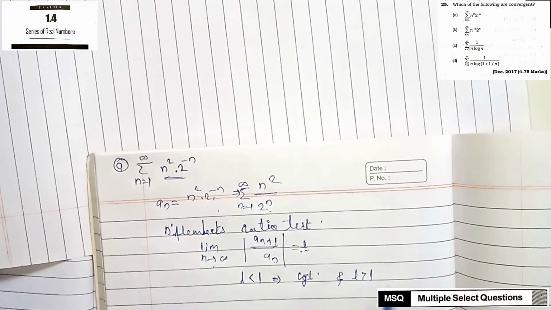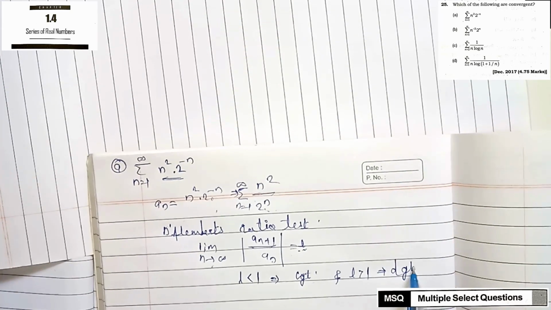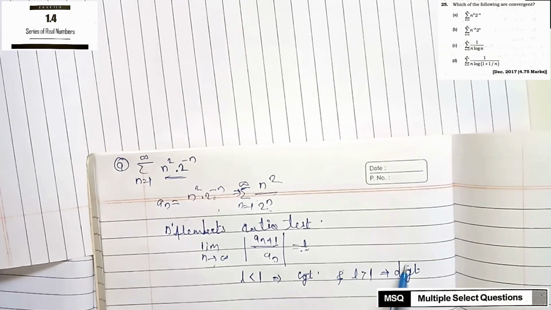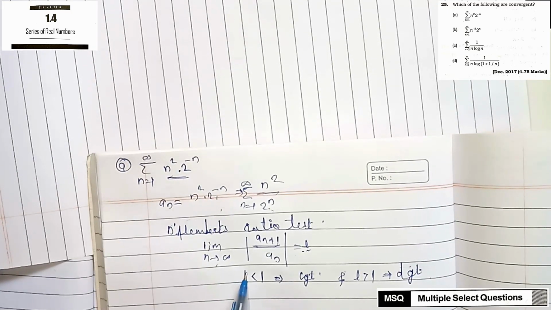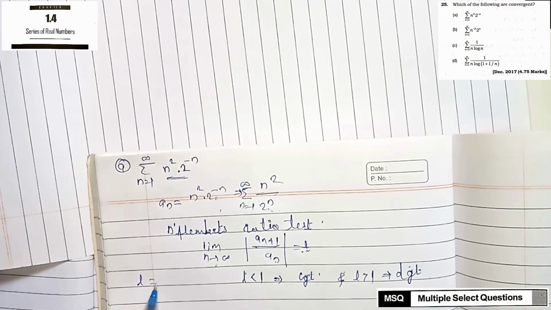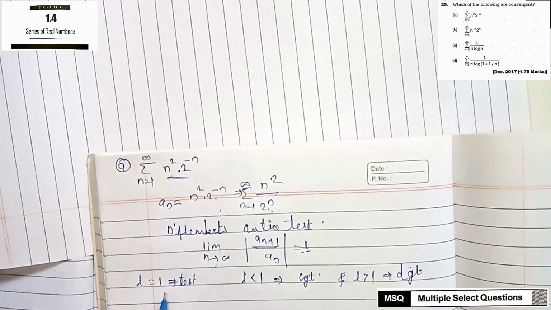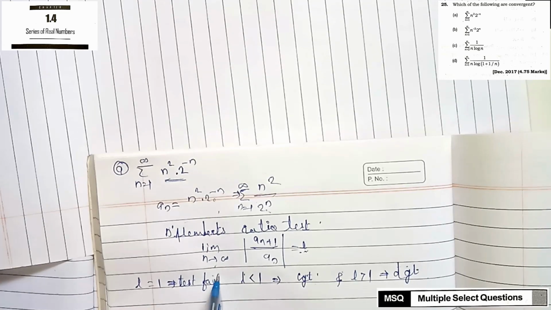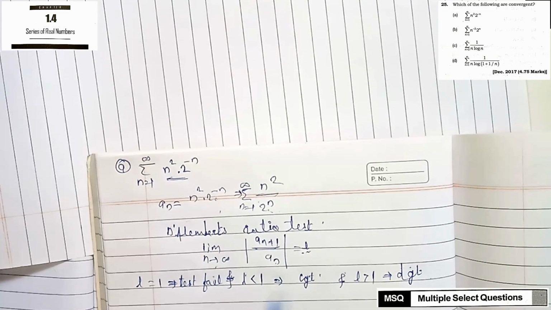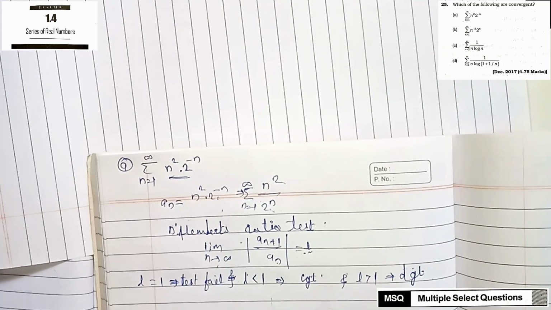If L is bigger than 1, the series is divergent. Always remember: L bigger than 1, series divergent; L smaller than 1, series convergent. And if we get L equal to 1, then the test fails, and we cannot say whether it is convergent or divergent. So we have three conditions in the D'Alembert's ratio test.